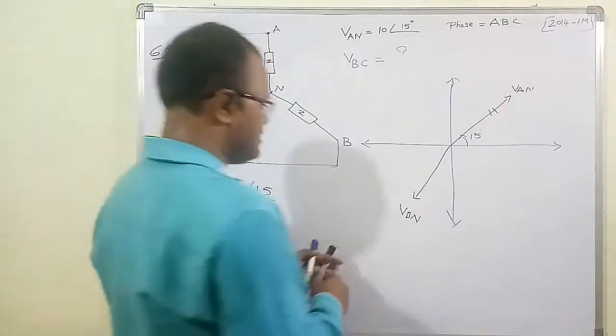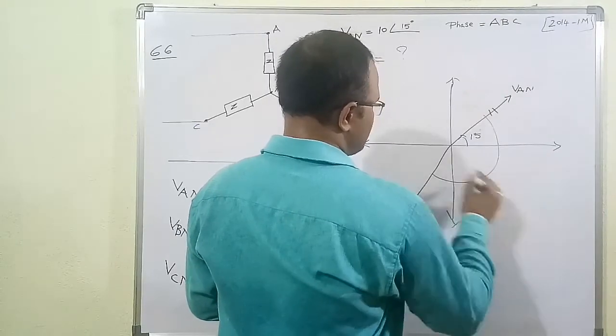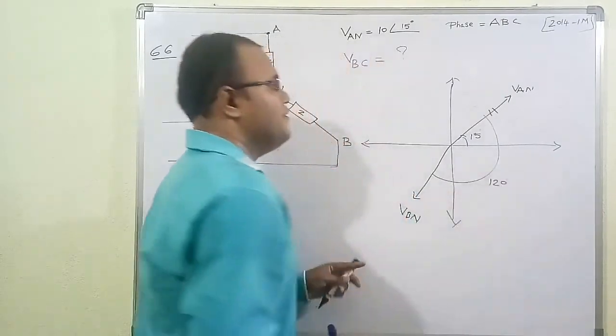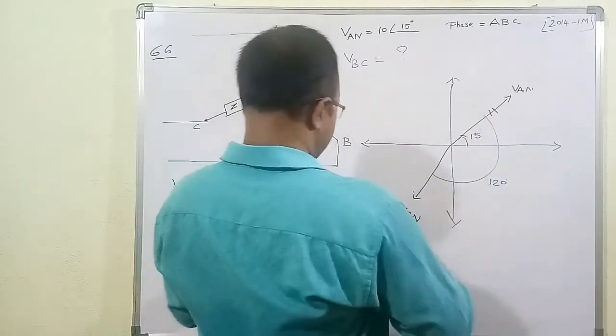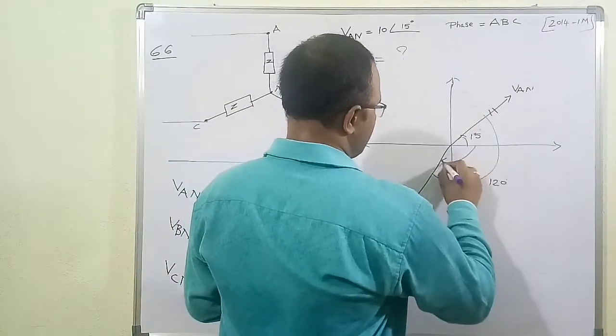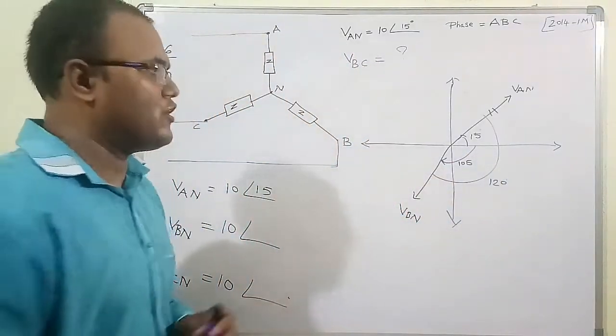So the total angle is 120 degrees, and 120 minus this 15 gives this angle as 105 degrees.